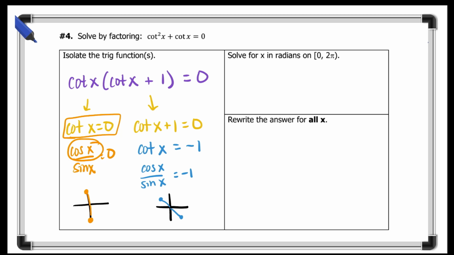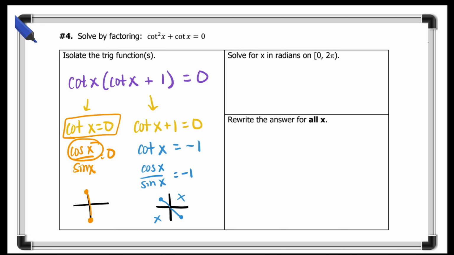Now remember, you need to think back to where cotangent is going to be a positive answer. You know that it can't be in quadrants 1 or 3. So my angles are going to be in quadrants 2 and 4, and that would be 3 pi over 4 and 7 pi over 4.